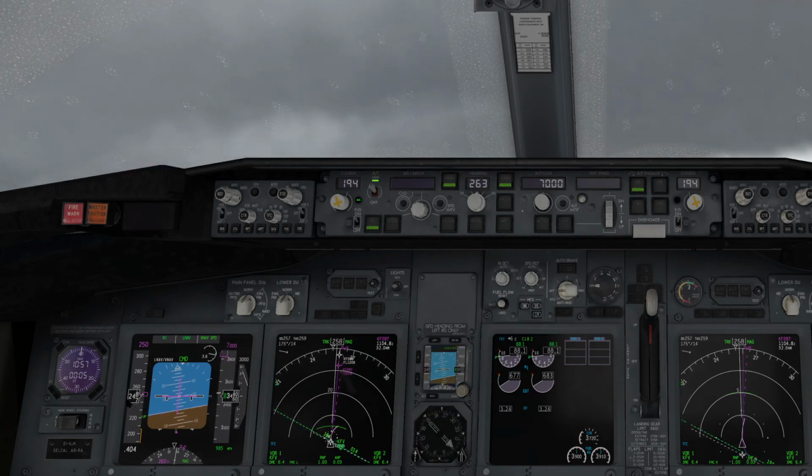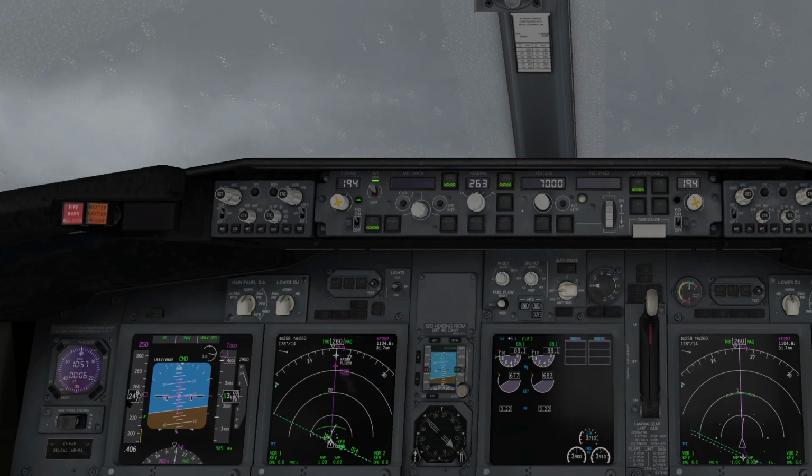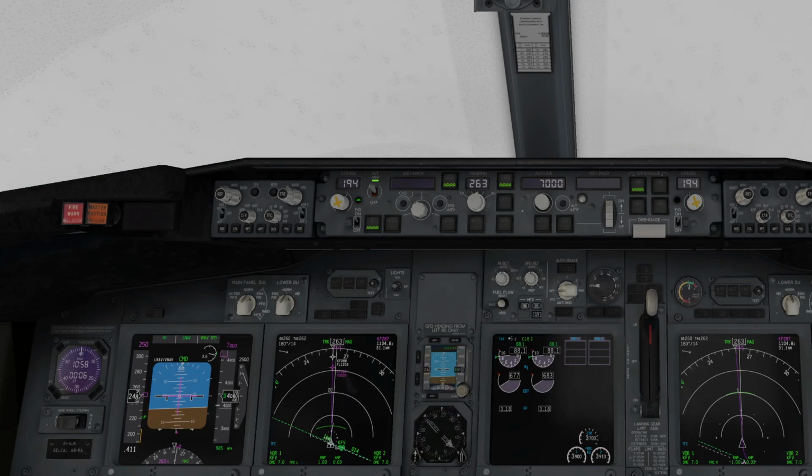Maintaining 250 knots now. Climbing at 3,000 feet, that's a little bit silly because we have to stop at 7,000. Flaps up, no light, gear off.